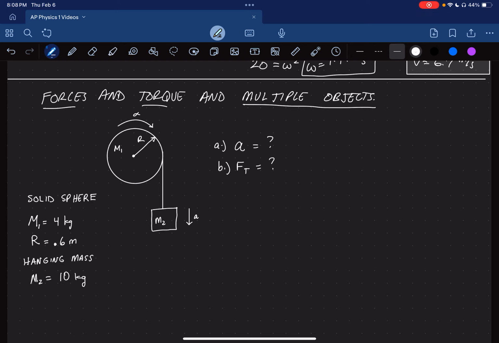Okay, we're going to start first by drawing a torque diagram of the sphere, and we'll draw a free body diagram of the mass down here. So here is our sphere, and it has a downward force on it from tension.